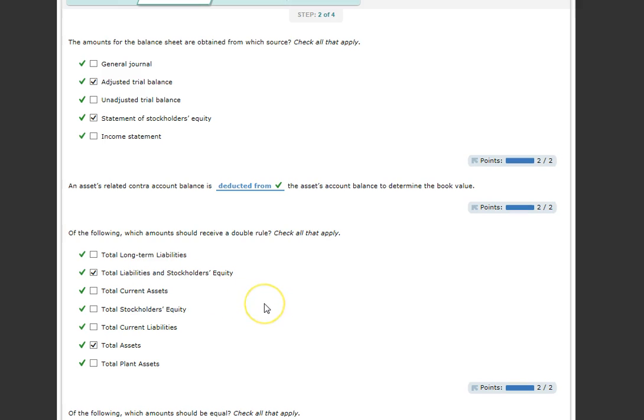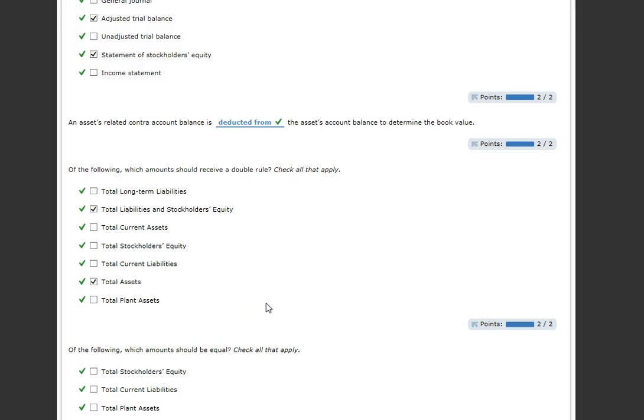On the following, which amounts should receive a double rule? Check all that apply. We've got the total liabilities and stockholders' equity and total assets. If you look at the final balance sheet we prepared during the lesson, turning to it now. Oh, I was in 16.4. Rewind.